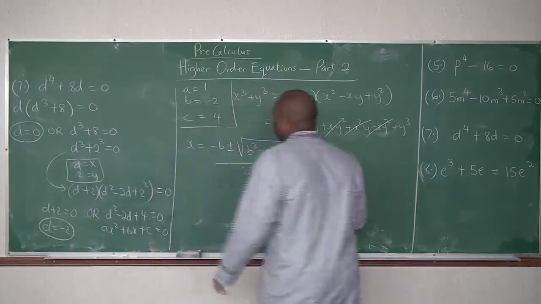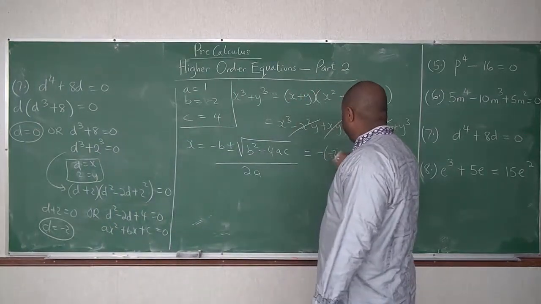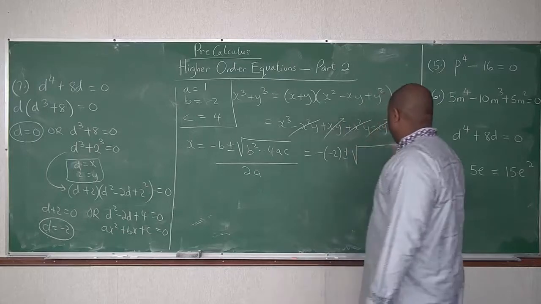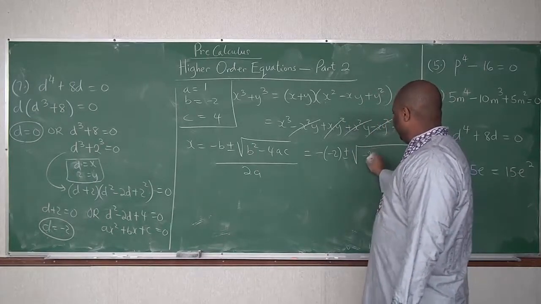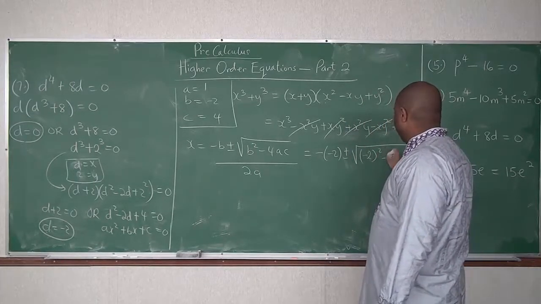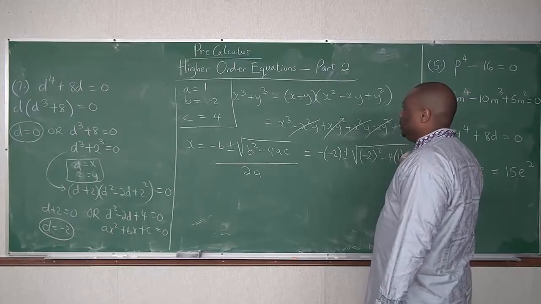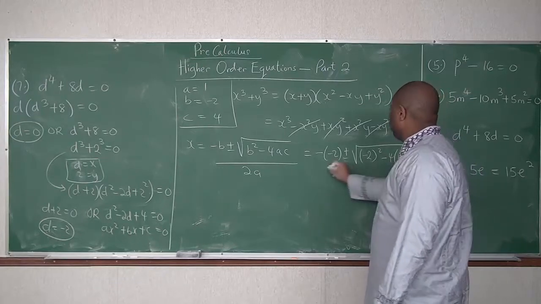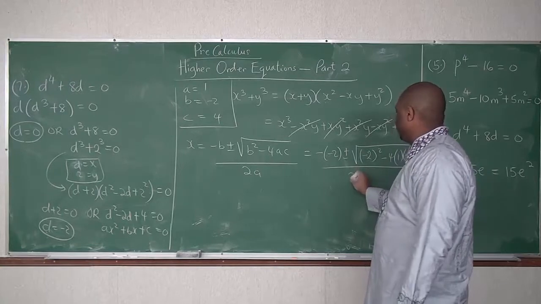Quadratic formula. Now what is my x? This is equal to -(-2) plus or minus the square root of (-2) all squared minus 4 times 1 times 4, all over 2 times 1.